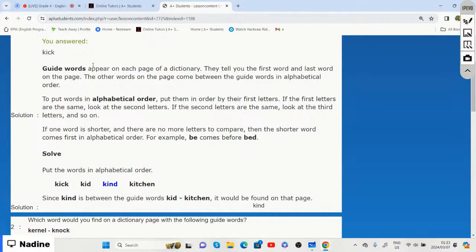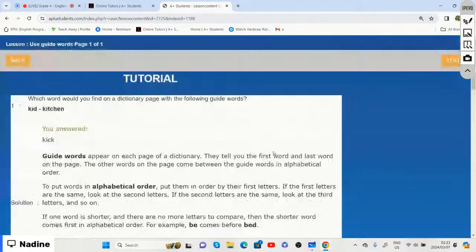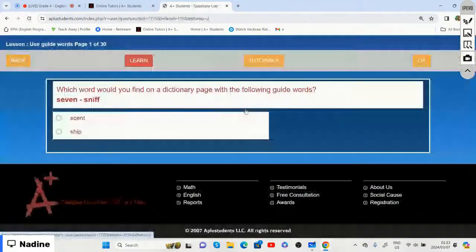All right. So once again, we have our guide words that appear on each of the pages of the dictionary. Let us go to our text. So we need to say which word you would find on a dictionary page.